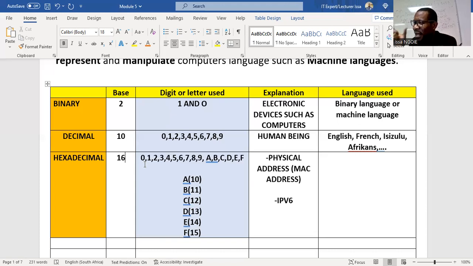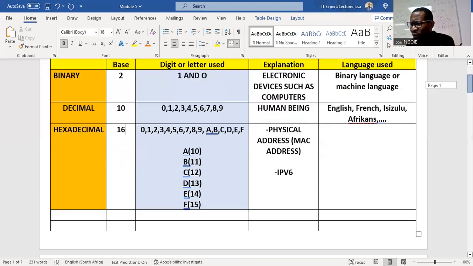Now, how do you represent that MAC address or that unique number of your phone? You're going to represent it by using hexadecimal, right? And that hexadecimal is a mixture of what? Letters and numbers. That way you have to know how to convert or manipulate hexadecimal numbers or system, right? Now, let's move forward.